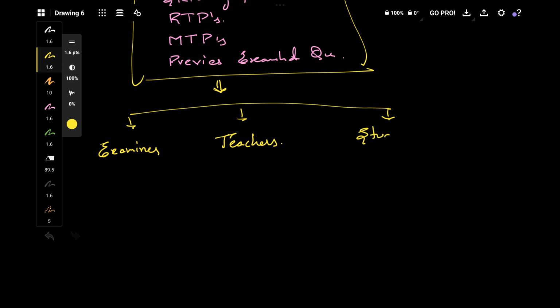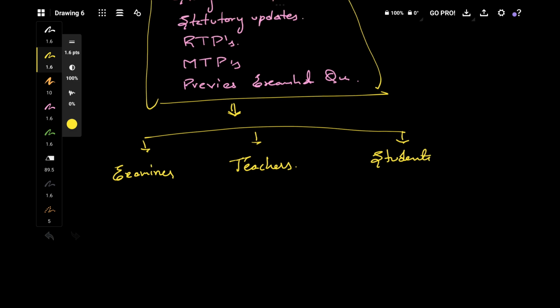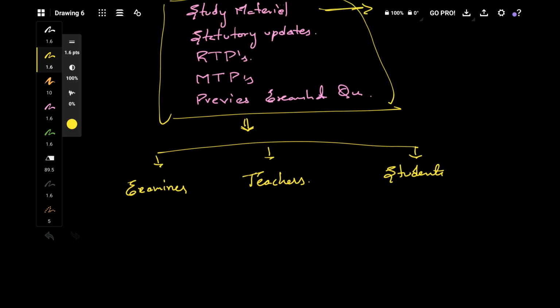And students, first thing we'll discuss is the examiner. The examiner will take concepts from these sources. He'll take different concepts from these sources, change the numbers, change the order, and ask in the exams.